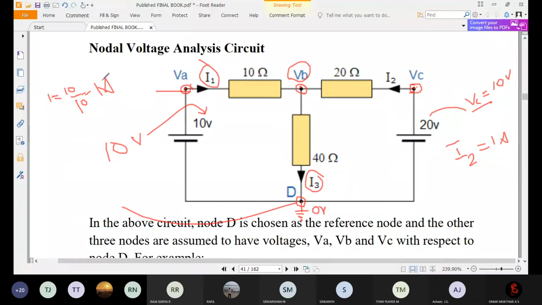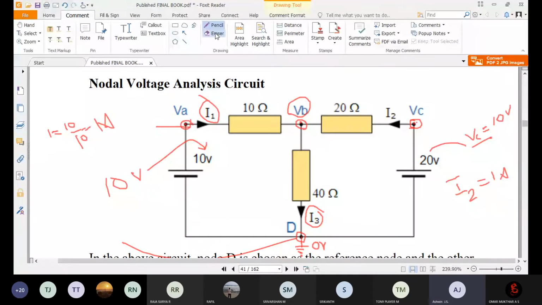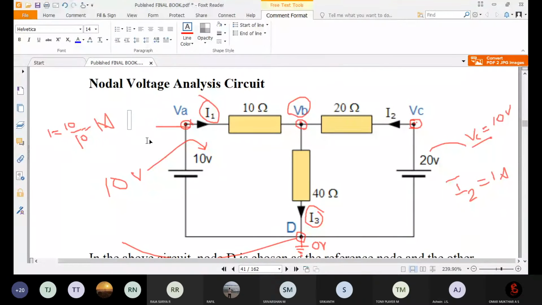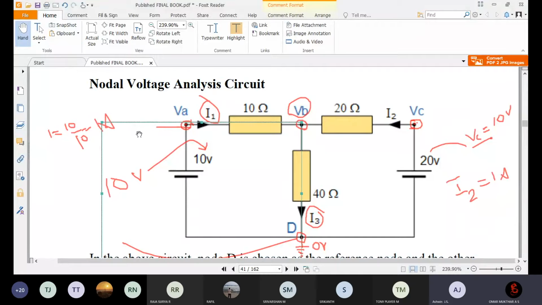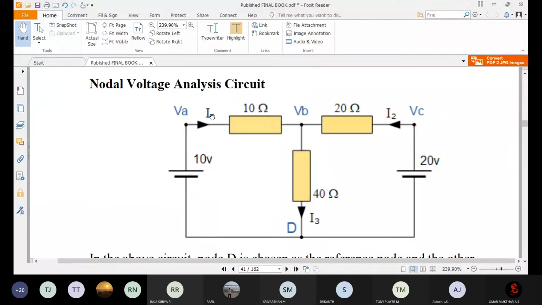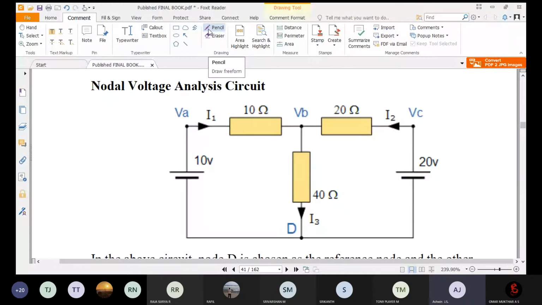Okay, I will erase everything. Now I'm going to write the equation.